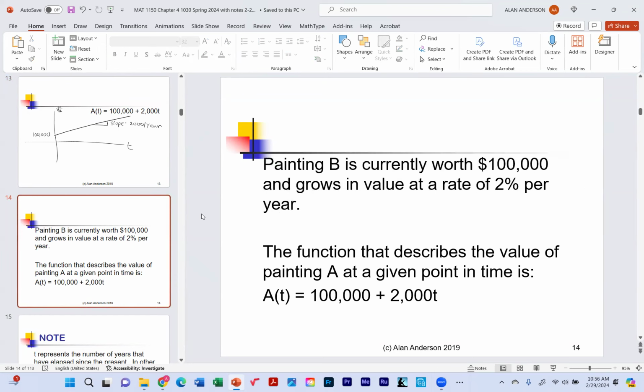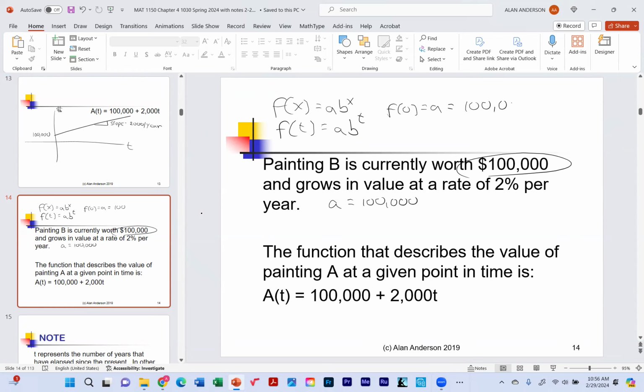Okay, so how would that work? What I'm going to do first is replace the x's with t's. Now, this is the initial value. So I can rewrite this as f of t equals 100,000 b to the t power.